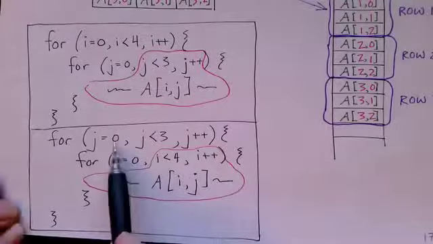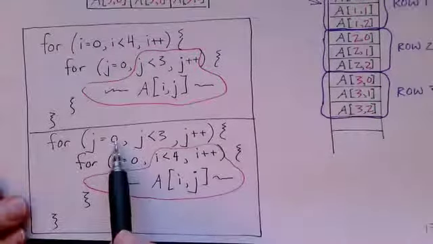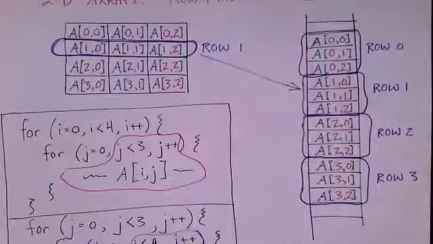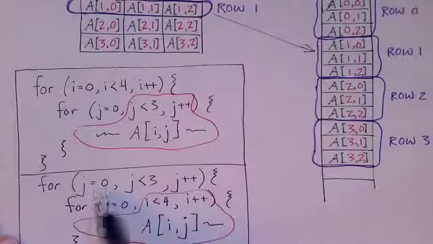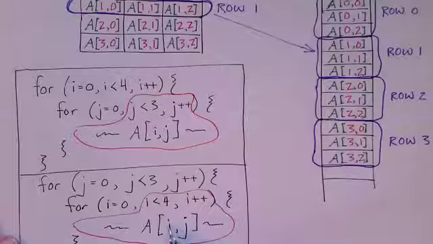So this one will do all of j equals 0, and it will vary I more frequently. So when j is 0, it'll do I 0, 1, 2, and 3.